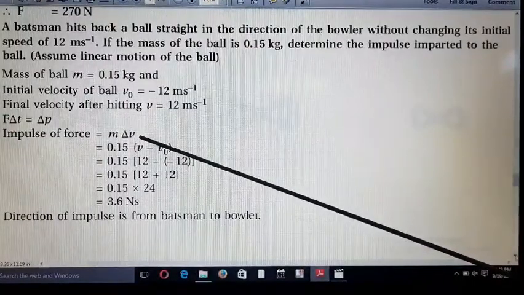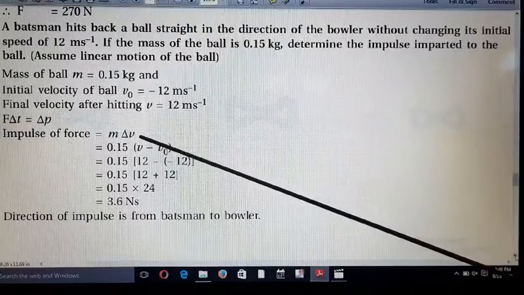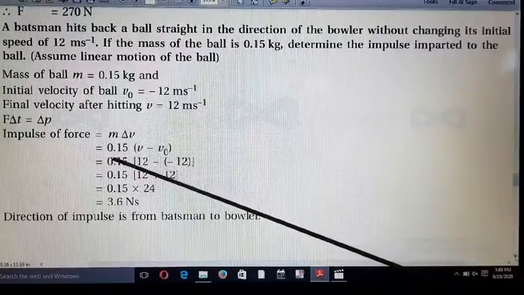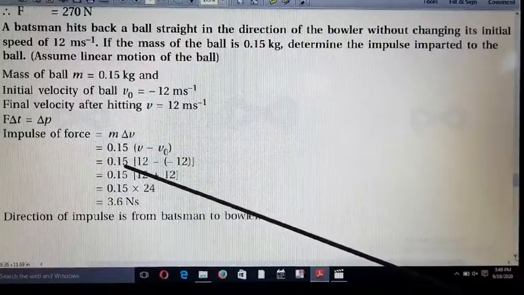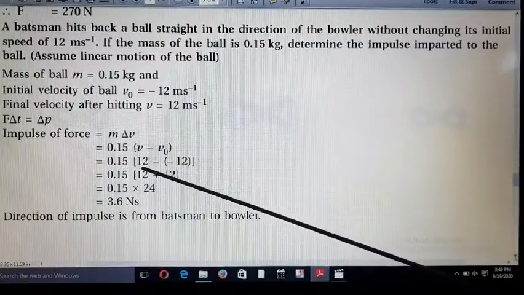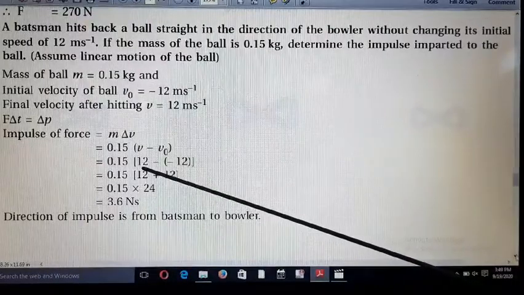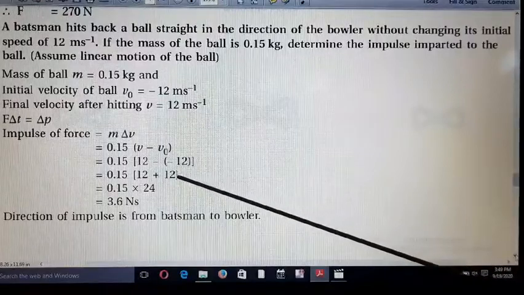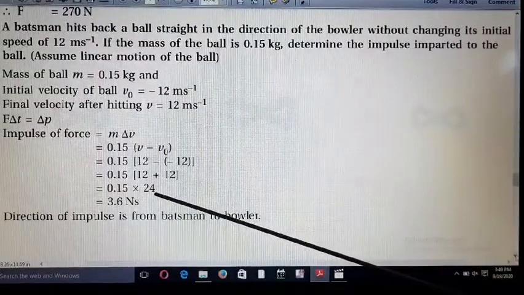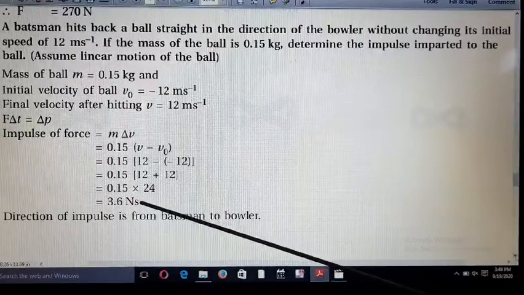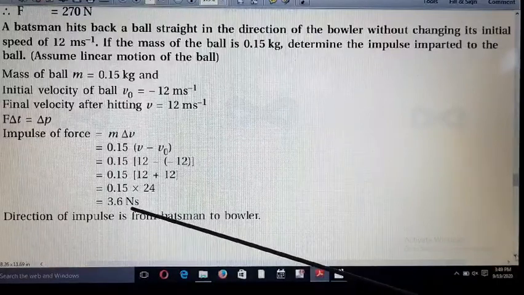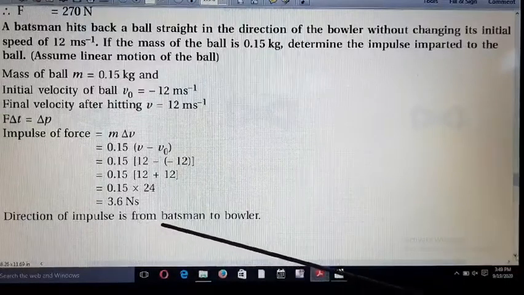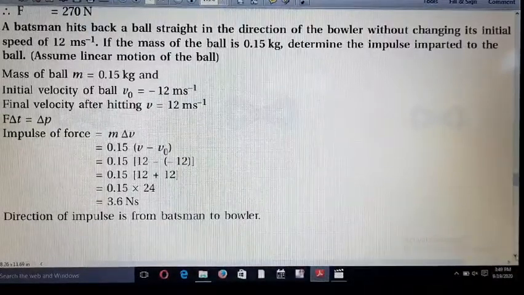Here delta V is the change in velocity, means final velocity minus initial velocity. So the value of m is 0.15. Final velocity is 12 and initial velocity is minus 12, so minus minus becomes plus. So 12 plus 12 means 24. 24 cross 0.15, we get 3.6 Newton second. So the direction of impulse is from batsman to bowler.